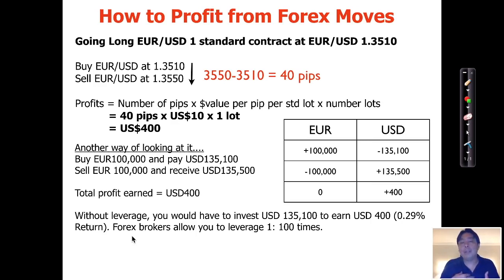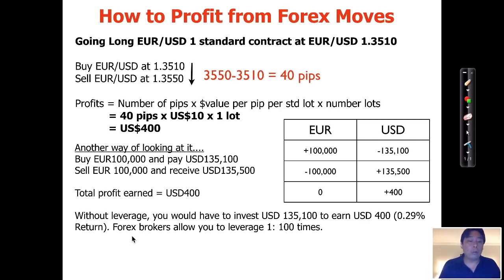For us, we're going to be day traders. We're going to buy and sell on the same day. So to make it worth our while, to have a good return, we need to use leverage. In other words, we don't want to put down 100,000 euros in order to make a lousy $400. We want to put in a small deposit in order to buy the 100,000 euros so that the profit over our deposit is a good return.